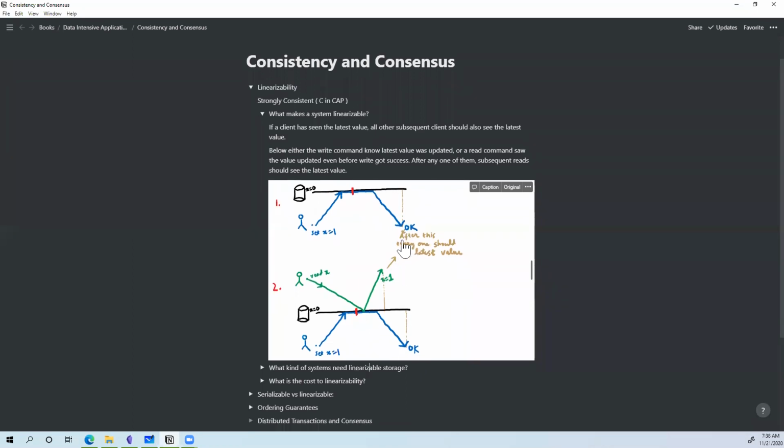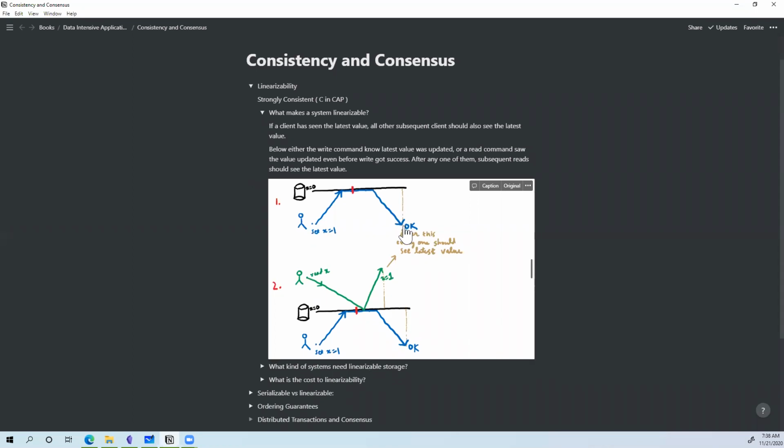Now there are two situations. One is after this client got the okay response. At this point, this client knows that x equals 1 has been written. So after this point, if anyone is reading, they should read the latest value, because this client knows that this is the latest value.